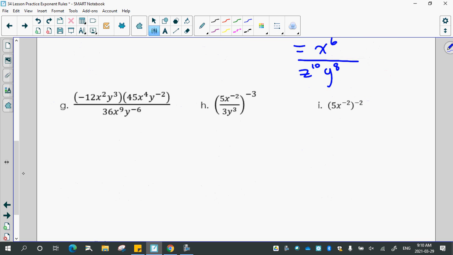All right, G. So you're going to start off with the numerator. Multiply the coefficients on the numerator. So you're going to start off doing negative 12 times 45. Negative 540.